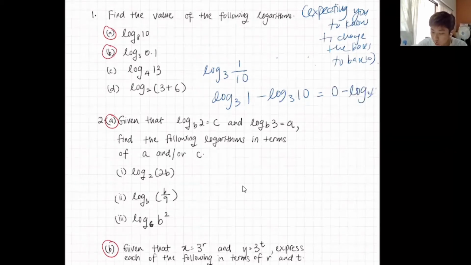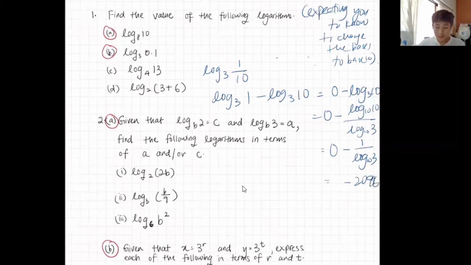So now you convert to log base 10: 0 minus log base 10 of 10 over log base 10 of 3. Okay, convert the base. Then you get 0 minus 1 over log 10 3. So you try to calculate, see whether you get it or not. 1 divided by log 3 equals 0 minus answer. Basically, just type in the calculator, you get the same answer, minus 2.096.